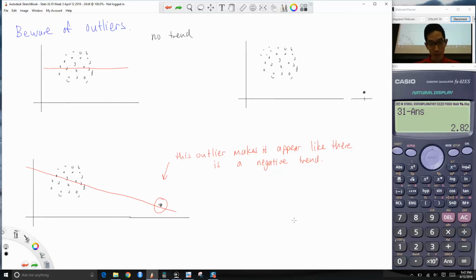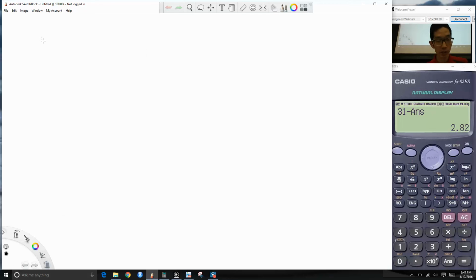Okay, and then the last thing will be: correlation is not the same as causation, okay? Just because two things happen together does not mean one causes the other.